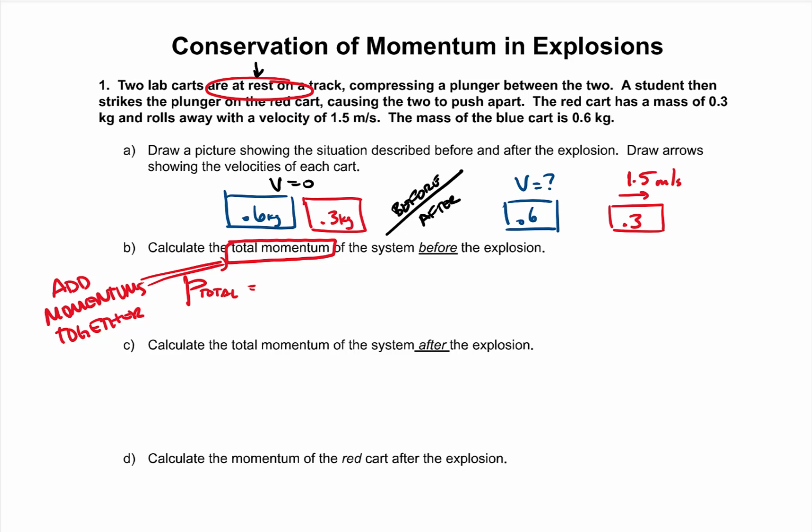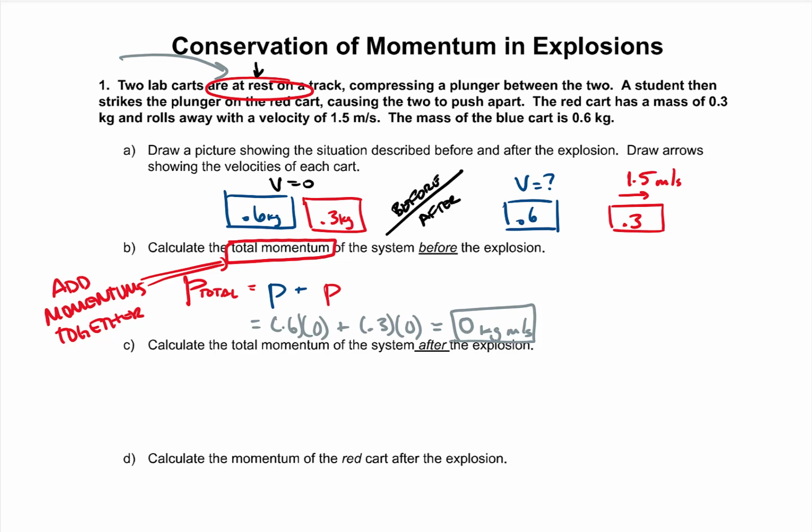So P total before this collision is going to be the momentum of the blue car plus the momentum of the red car. So it's going to be the mass of the blue car, 0.6, times the velocity of the blue car, 0, plus the mass of the red car, 0.3, times the velocity, 0. And so the momentum to begin with is 0 kilogram meters per second. And that's okay, because we said the whole thing was at rest beforehand.